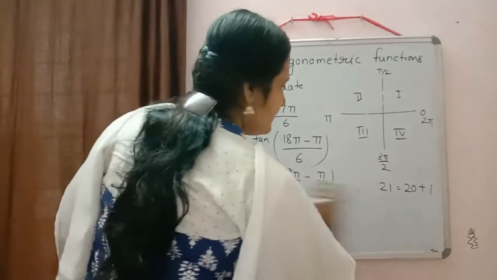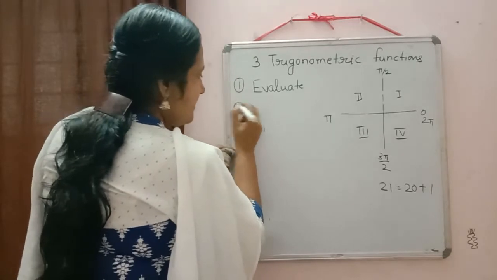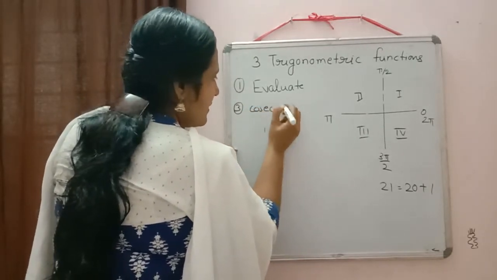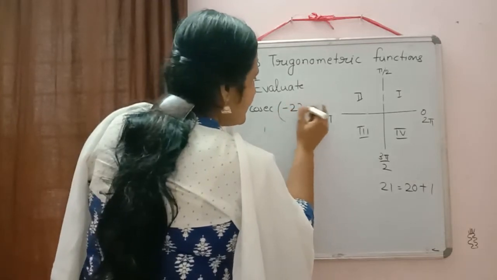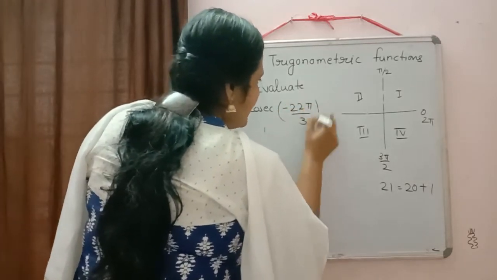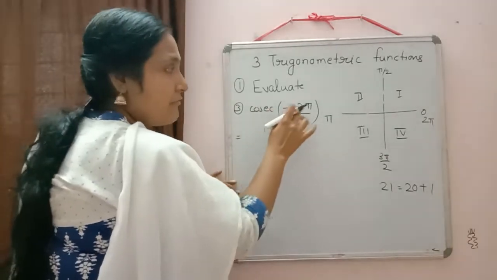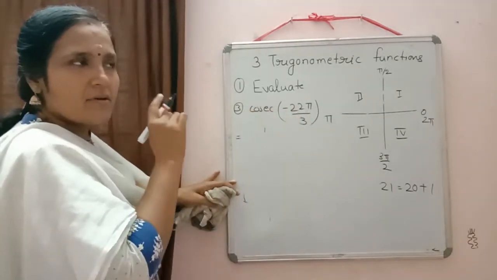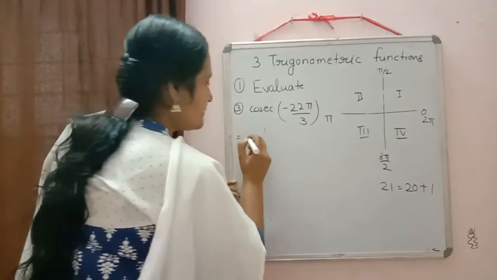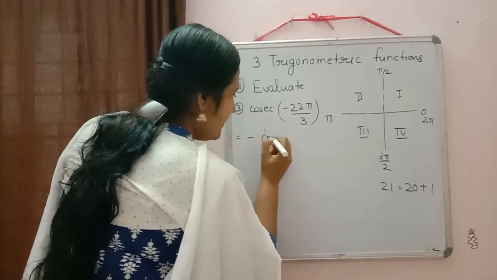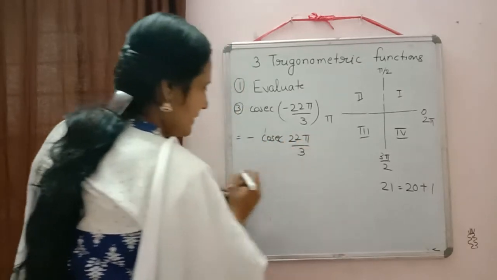Third one is cosec of minus 22 pi by 3. Minus 22 pi by 3. So first, cosec of minus theta. What is cosec of minus theta? Minus cosec theta. So the minus sign we will write outside: cosec 22 pi by 3.